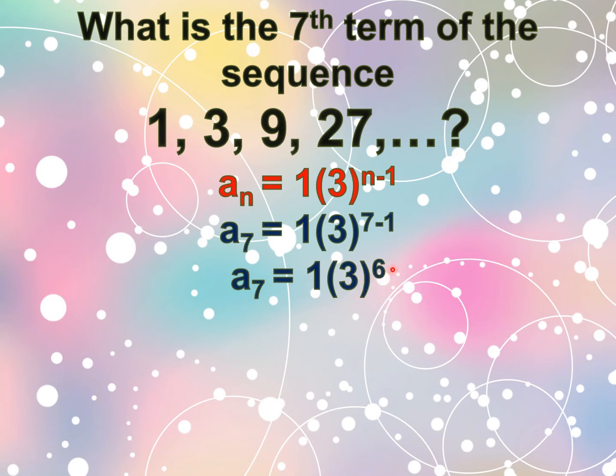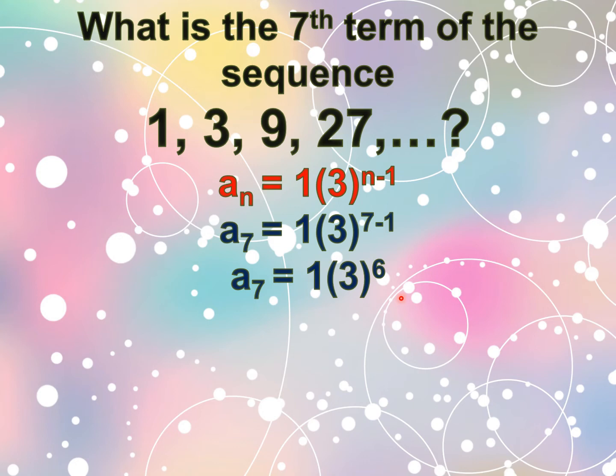3 raised to 6 means we multiply 3 by itself 6 times. So, 3 times 3 equals 9. Then, 9 times 3 is 27. 27 times 3 is 81. 81 times 3 is 243.